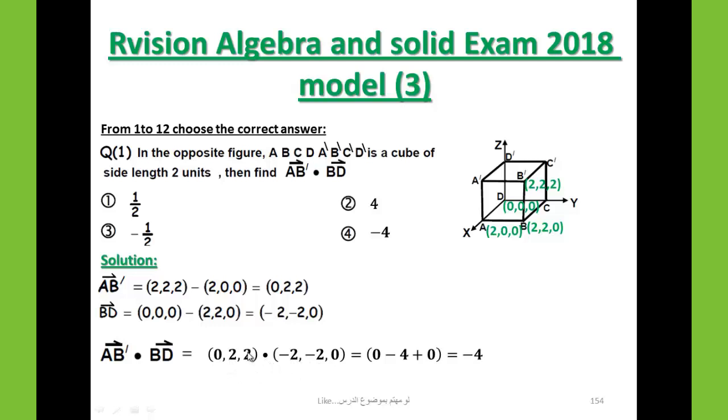So 0 multiply negative 2 equals 0, plus 2 multiply negative 2, negative 4, plus 2 multiply 0 equals 0. So the result equals negative 4, and the answer is number 4. It is negative 4.